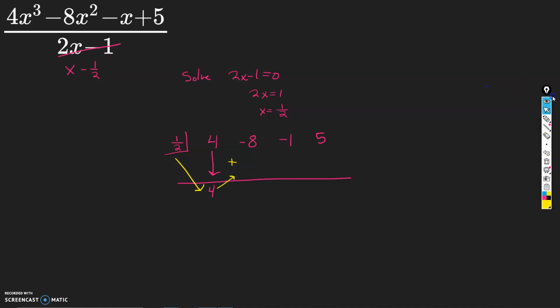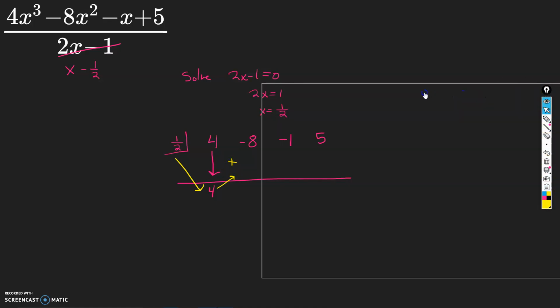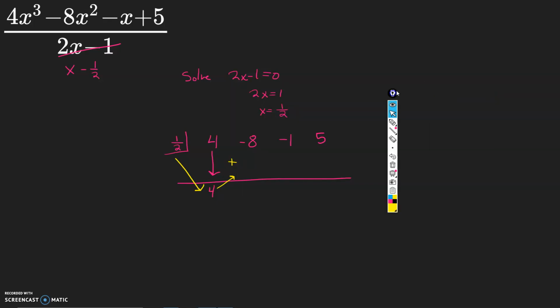Actually, let me bring my pen closer to me, because this will make everything so much easier. 1/2 times 4 is 2. Negative 8 plus 2 gives us negative 6. Multiply and add: 1/2 of negative 6 is negative 3.